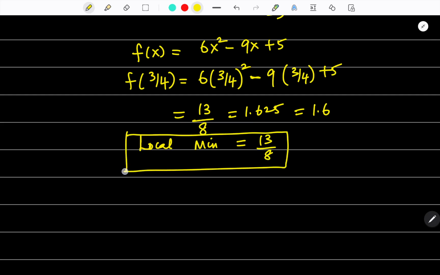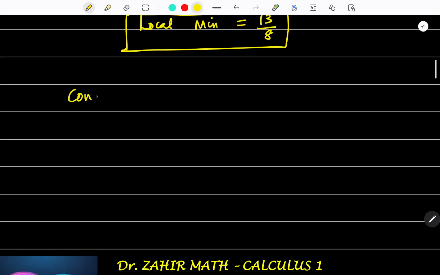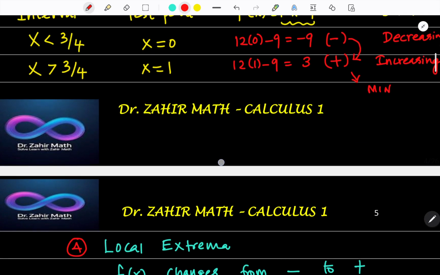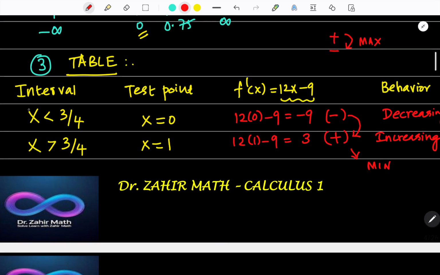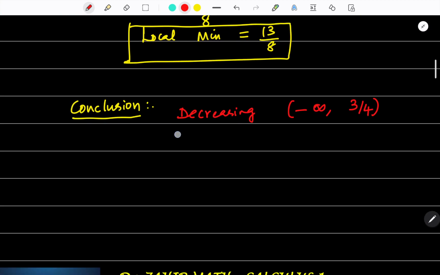But still, if it is not clear, I will give you the overall conclusion. What is the conclusion? First we got decreasing from minus infinity comma 3 over 4. I told you, here is the place. See, it's decreasing, less than 3 by 4, and more than 3 by 4, increasing.